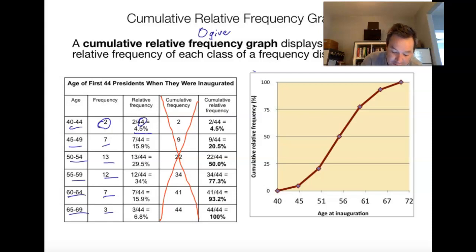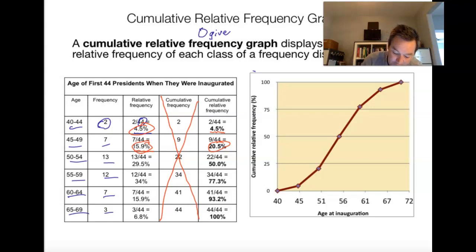So for the first class, presidents aged 40 to 44, we had 4.5% fall into that class. But for the next class, what I want is not just the percent that falls in that class, which is 15.9. I want the percent that falls into that class or lower. So it's our 15.9 plus our 4.5, which gives me 20.5.